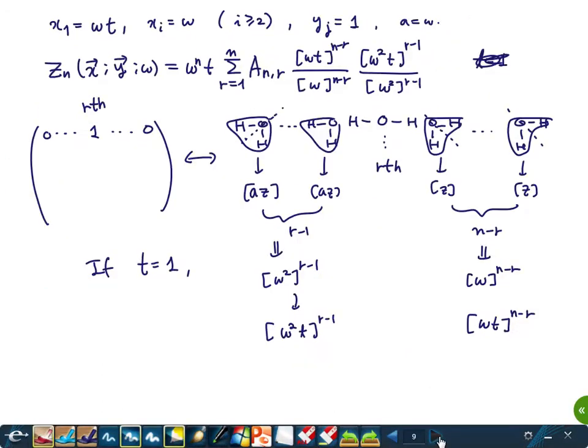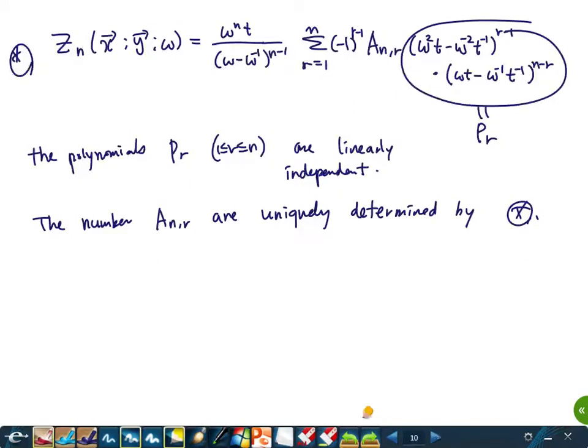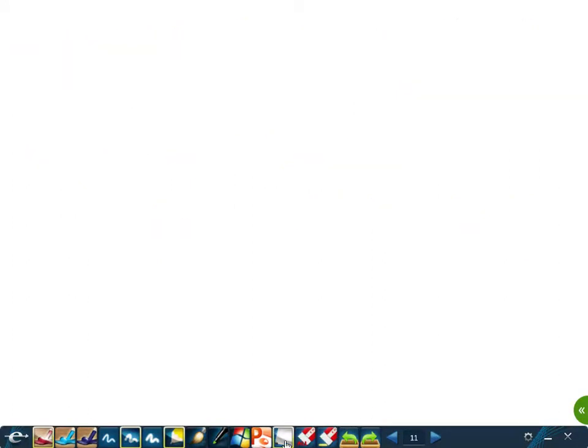And it's a very interesting proof. It's called the Yang-Baxter equation. It's also called Baxter's star-triangle relation.